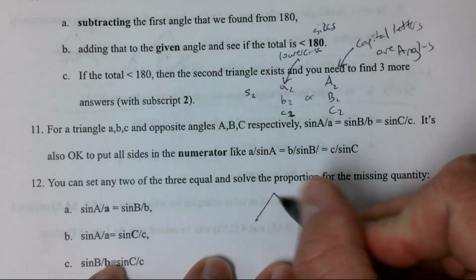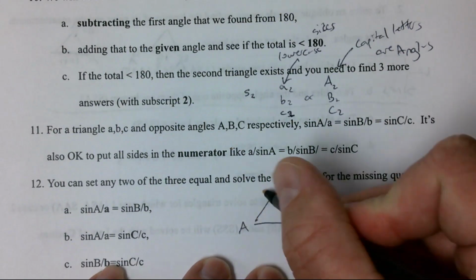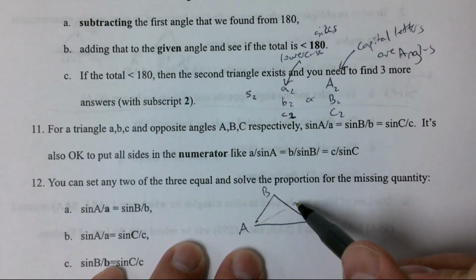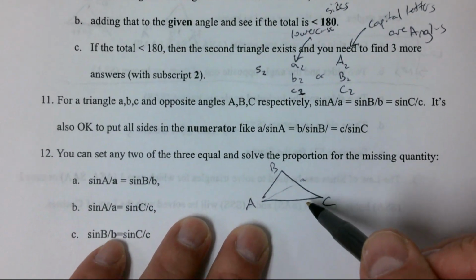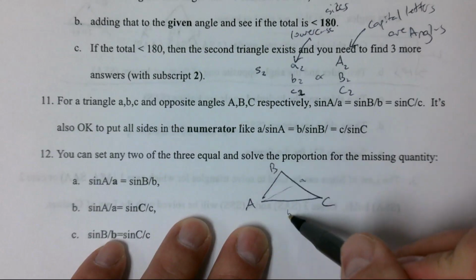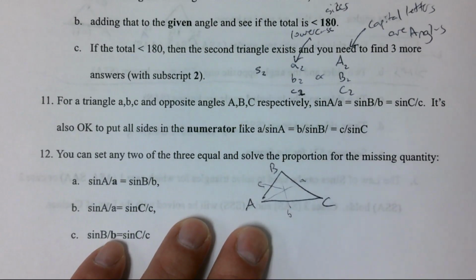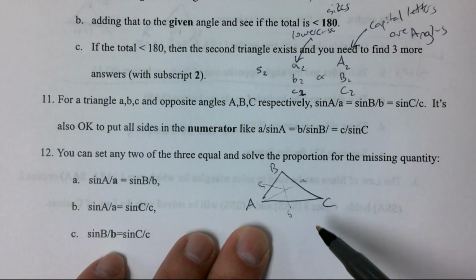So if we have A, B, C, then this one here is a, because those are across from each other. And if this one's B, then this one's b. And if this one's C, this one's c. So that's what we're going to be looking at. That's the main concept.